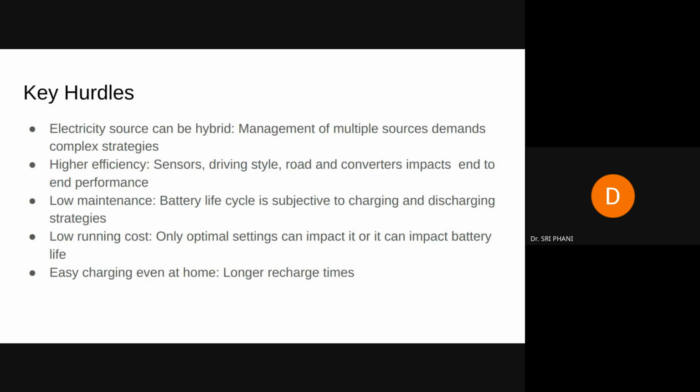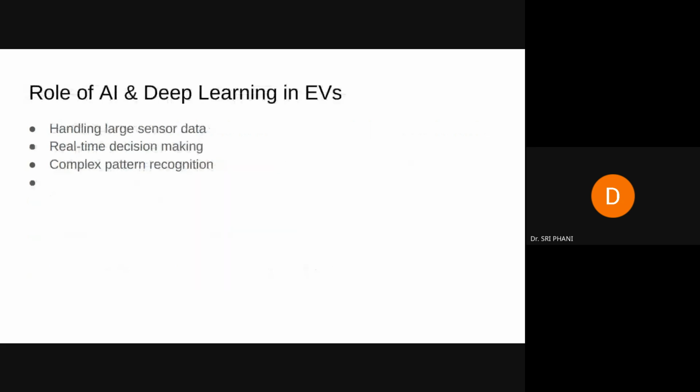And it has to have low running cost, so you have to have optimal settings, so that it does not have longer charging and discharging cycles. This is where AI and DL come into play, because when you have multiple sensor data, you can aggregate it and make beautiful knowledge out of it, and have an optimal outcome.